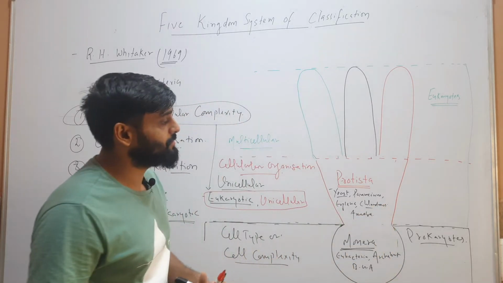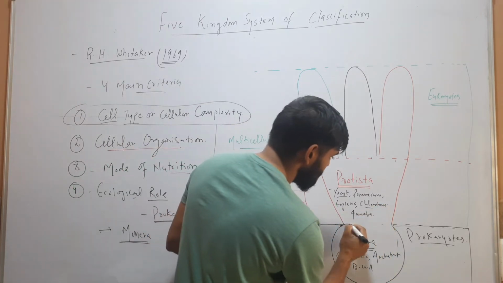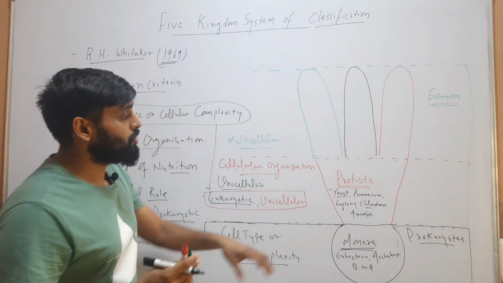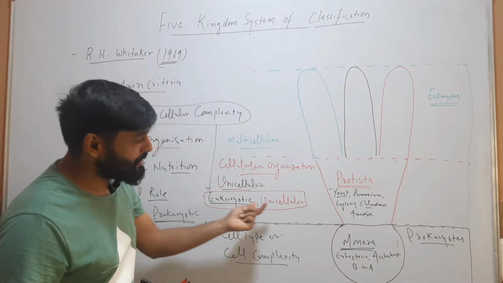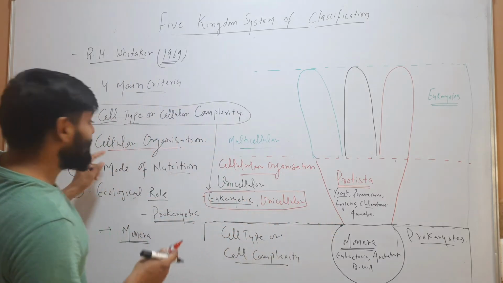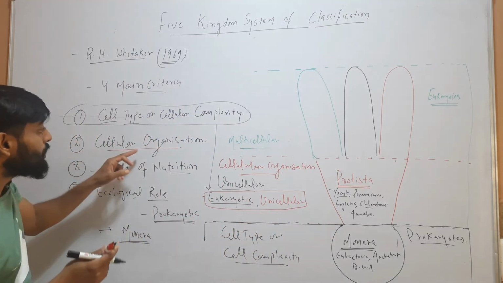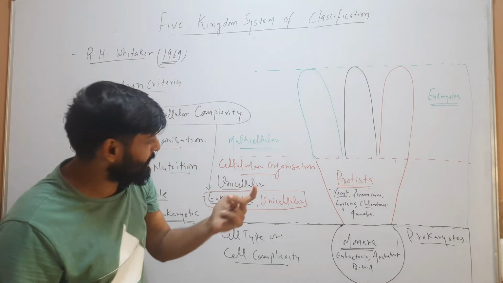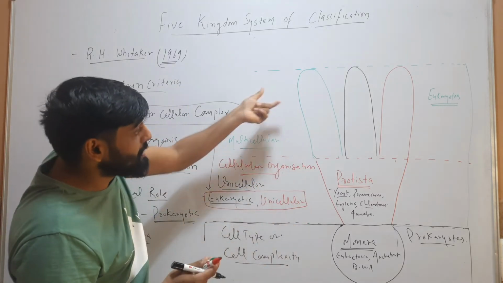So all these organisms are kept in kingdom protista, differentiated on the basis of cellular organization. Cellular organization is of two types: either unicellularity or multicellularity.